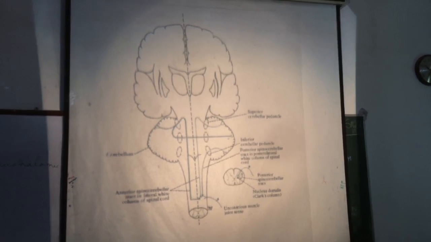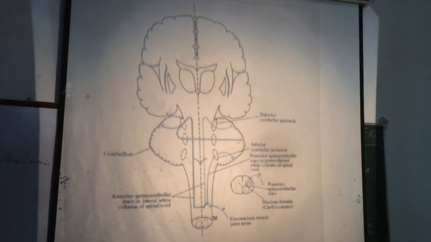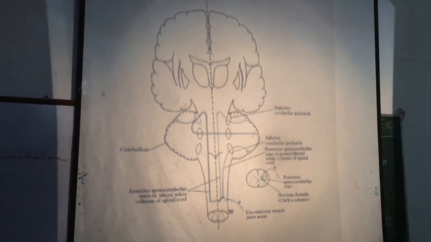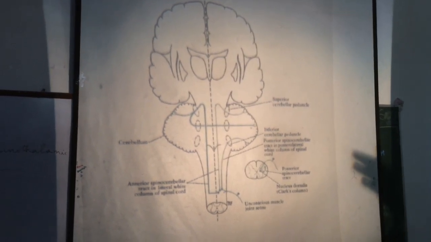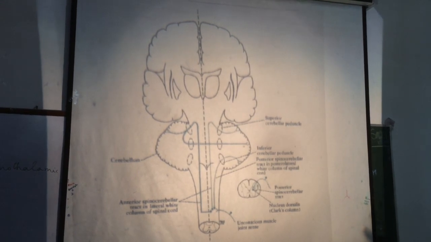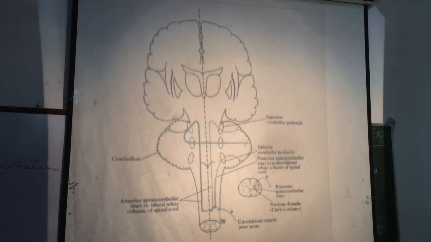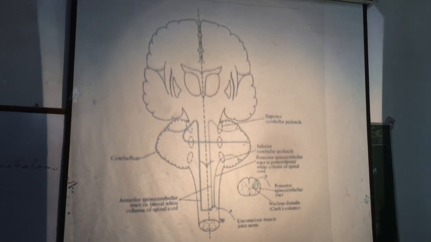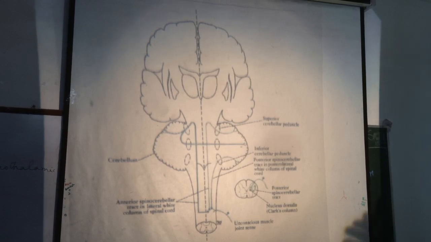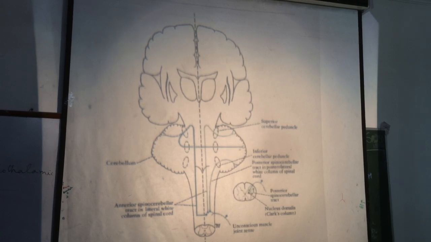This tract also carries impulses from the proprioceptors to the cerebellum, and the cerebellum uses these impulses to coordinate movements of the limbs and postural maintenance.